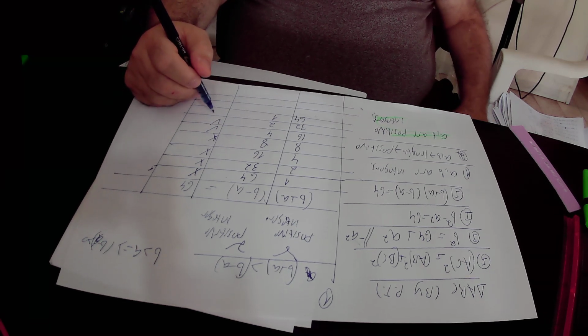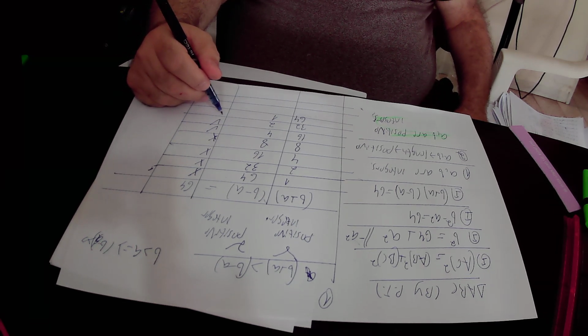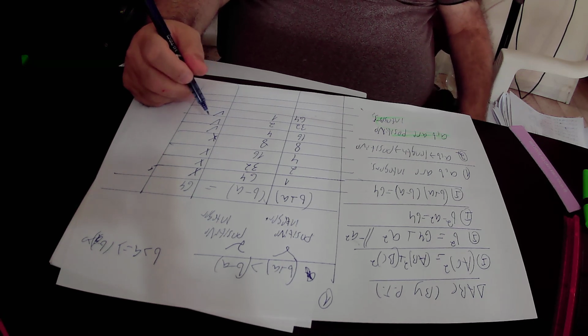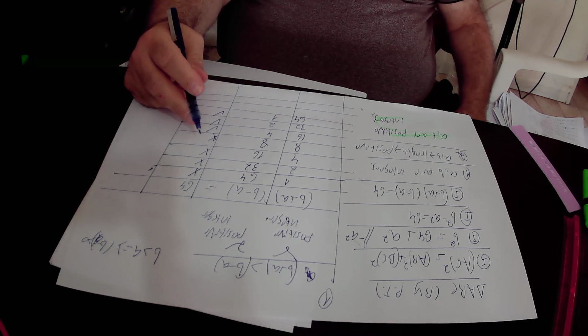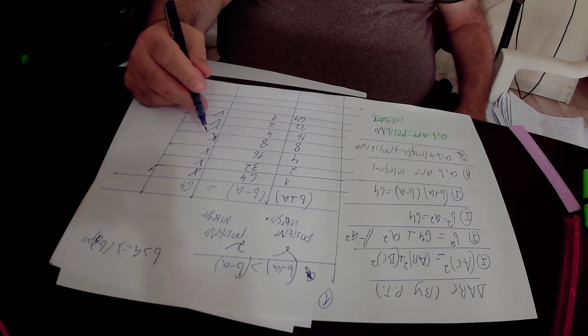And finally 64 is also greater than 1, so this is a good option. So we have 3 possibilities for the solution to the question.